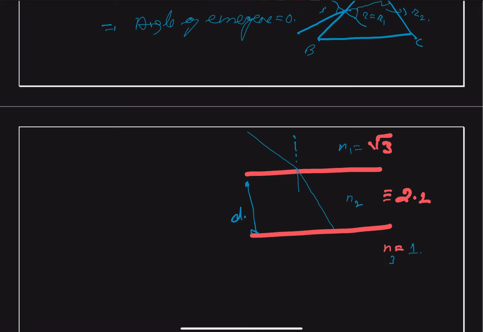This will be partially reflected. Let us call this ray 1, and here is our normal, and once again it will be reflected, and we are going to get, let us suppose, our ray number 2.